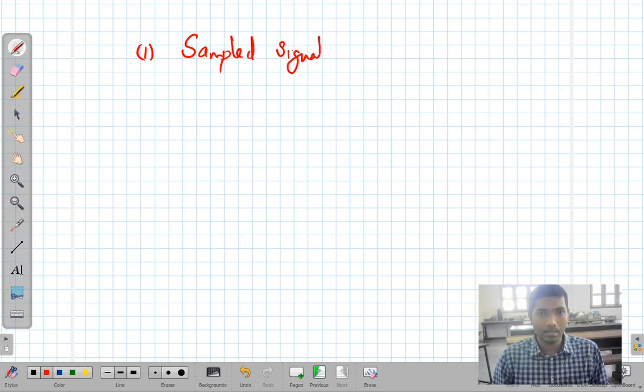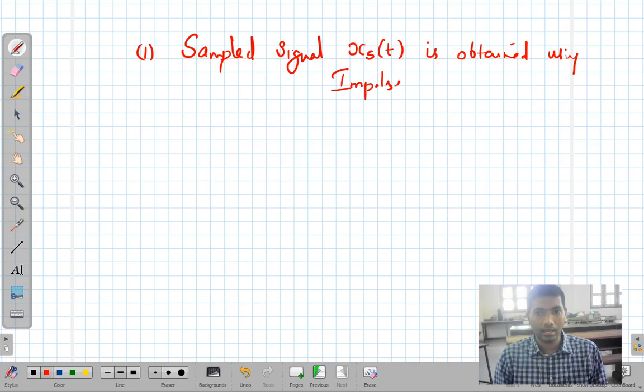The sampled signal, which I have denoted by x s of t, is obtained using impulse train sampling. I will explain what this impulse train sampling is.